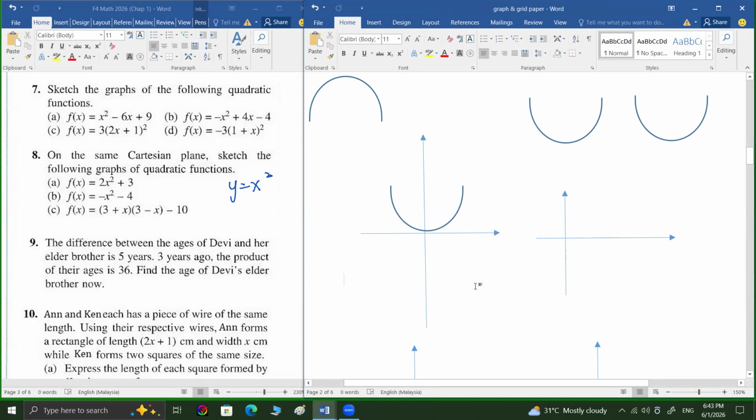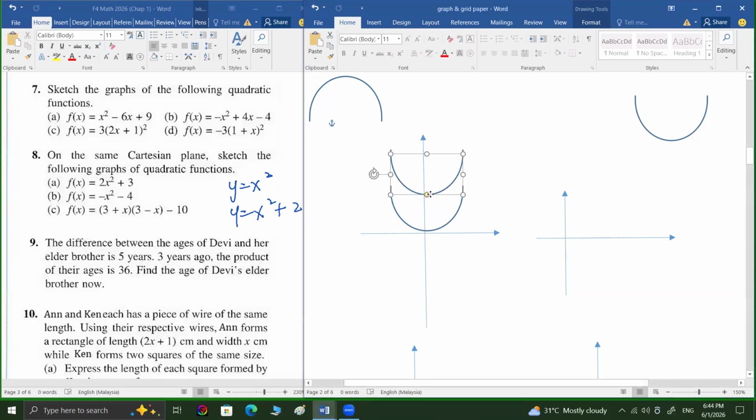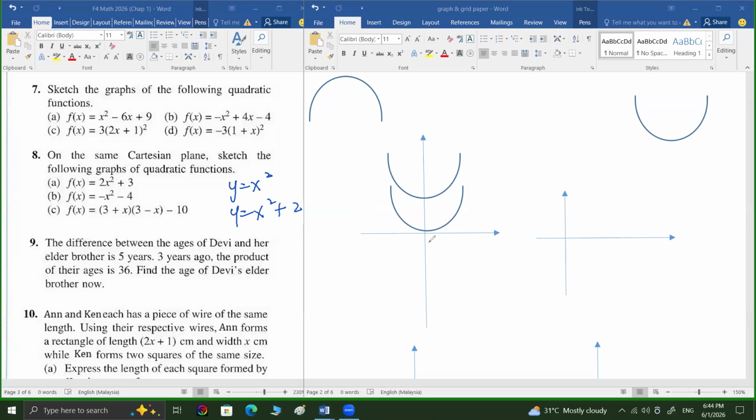Like even if I give you y equal to x squared plus 2, so cannot be factorized one. So I just shift it up, going up. Maybe somewhere here. If x squared only means the y-intercept is 0. So this is 2. Maybe x squared plus 4 going up, going up, going up.